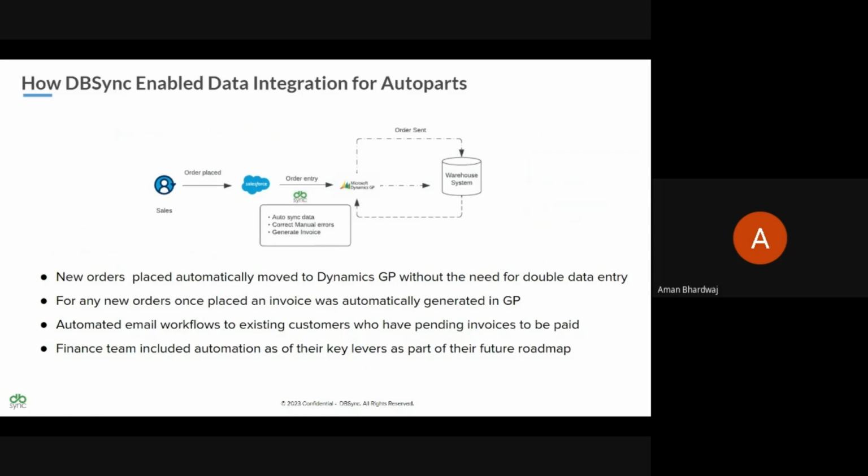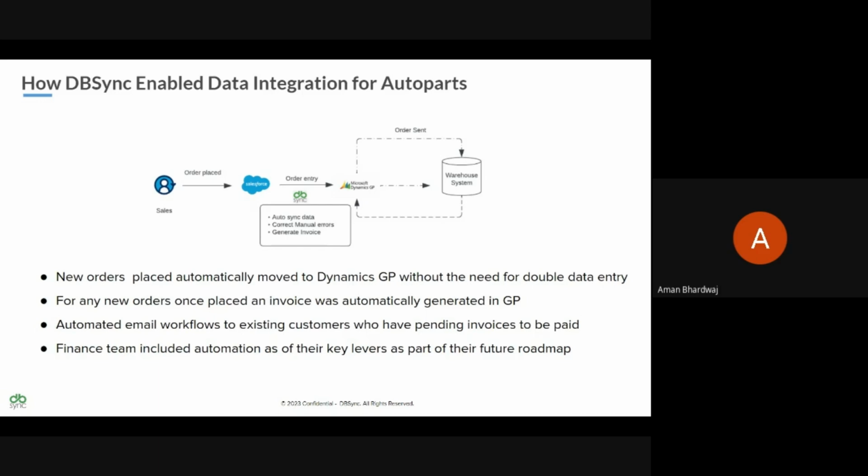You will have all the latest information on the address and any other details around the customers, and that information can then be relayed to your warehouse system when the orders are being placed, right? So with just one change, which was impacting multiple areas, you could actually bring in better efficiencies.